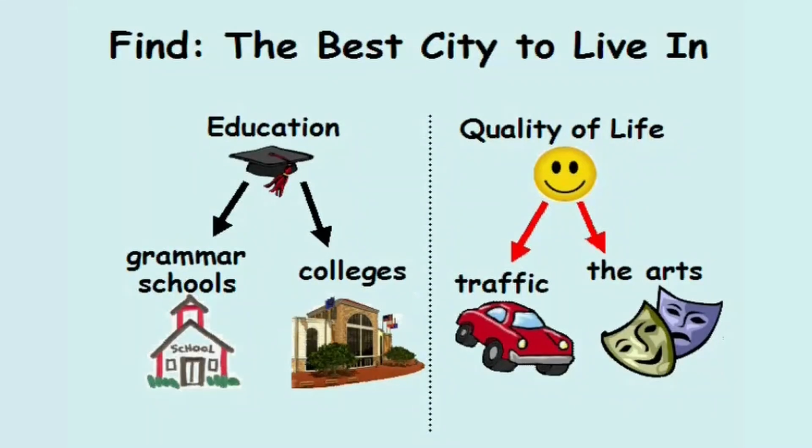Between each subcriterion, relative priorities are assigned, where the relative priorities of grammar schools represent 40% of the education criterion, and colleges represent 60%. Quality of life is broken down to 30% traffic and 70% the arts.